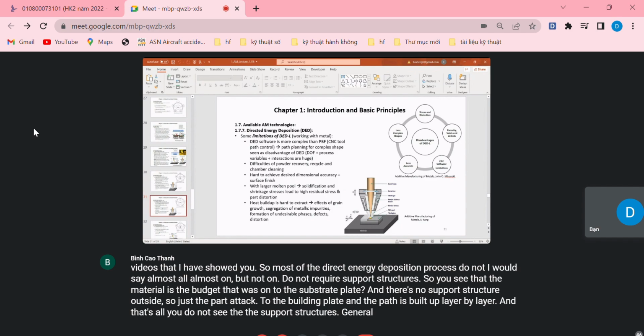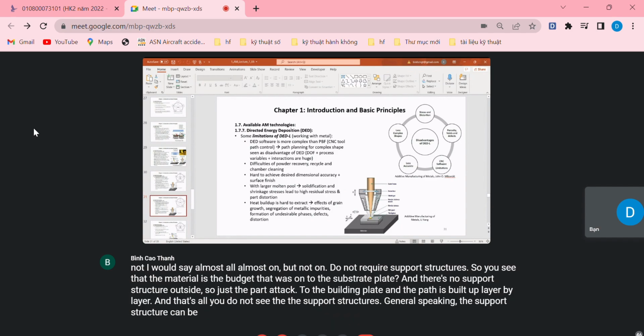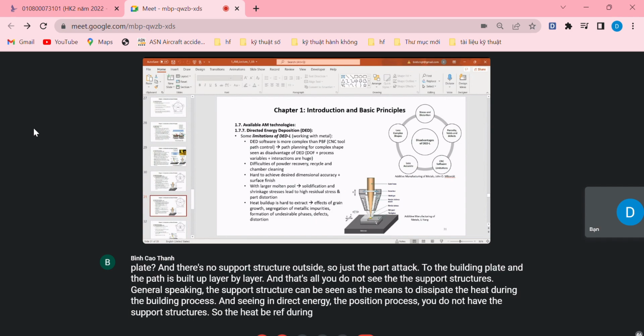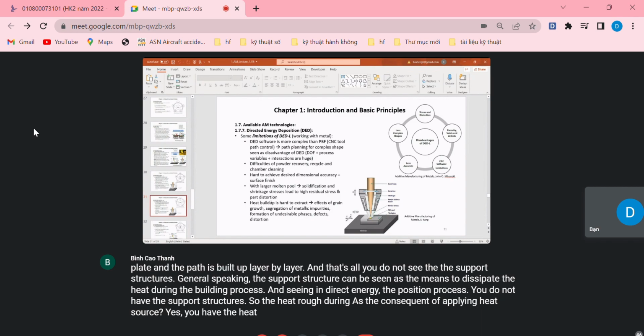Generally speaking, the support structure can be seen as a means to dissipate the heat during the building process. In direct energy deposition you do not have support structures, so heat builds up as a consequence of applying the heat source, and it is hard to extract.